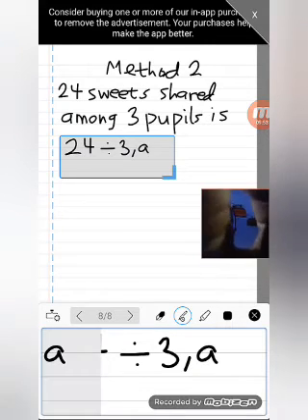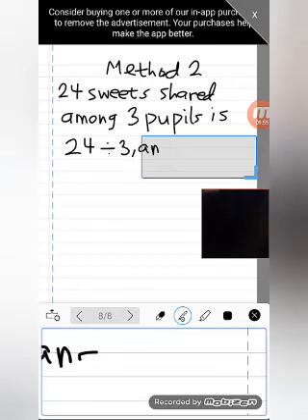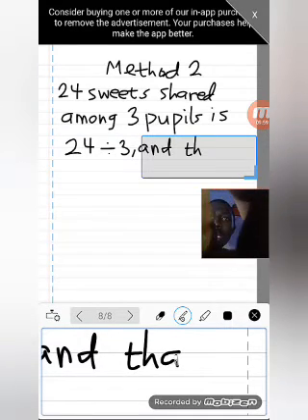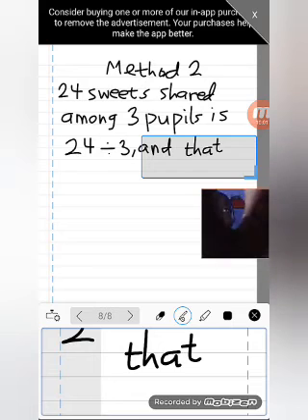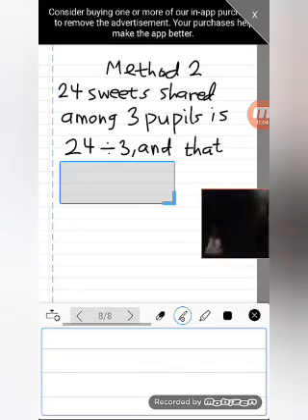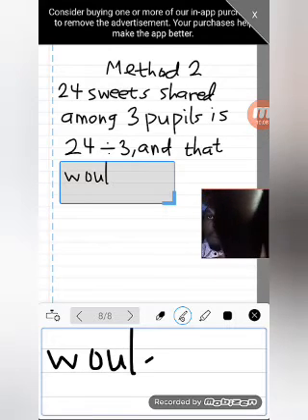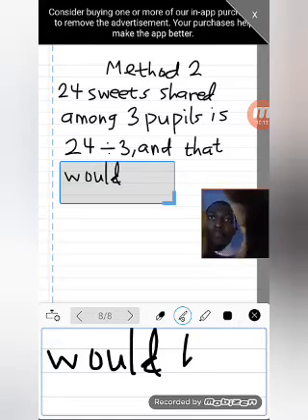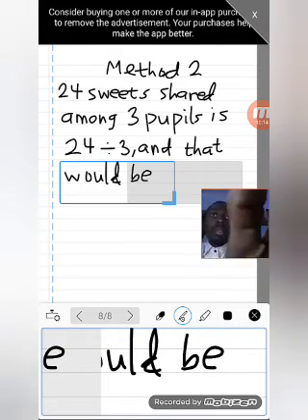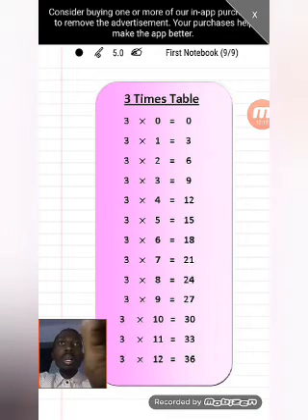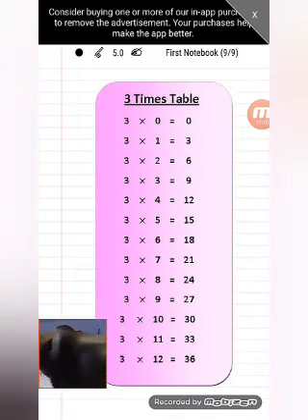And that would be, let's see the multiplication table. So let's look at 24 divided by 3.